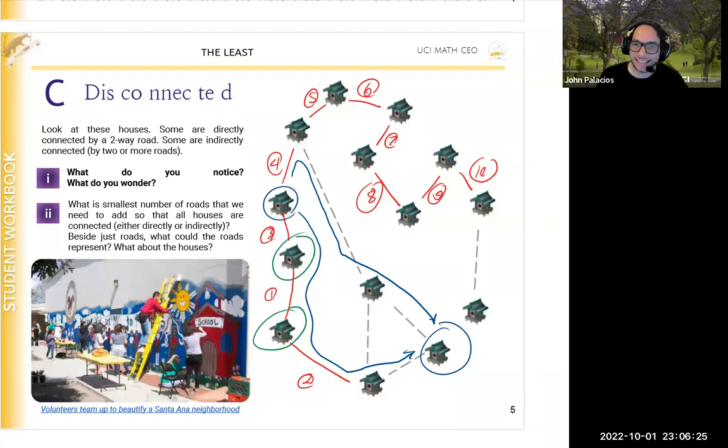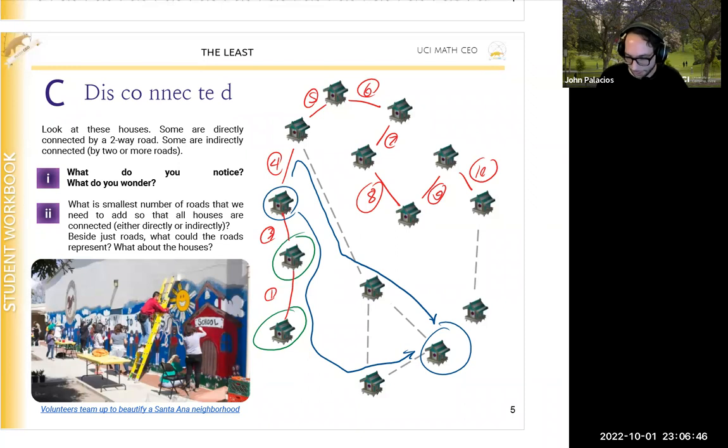So this isn't the least number of roads we needed in order to connect all of the houses and all of the neighborhoods. So actually, I don't need that tool. Sorry. We can eliminate this road, and you can go through and relabel all of your roads.